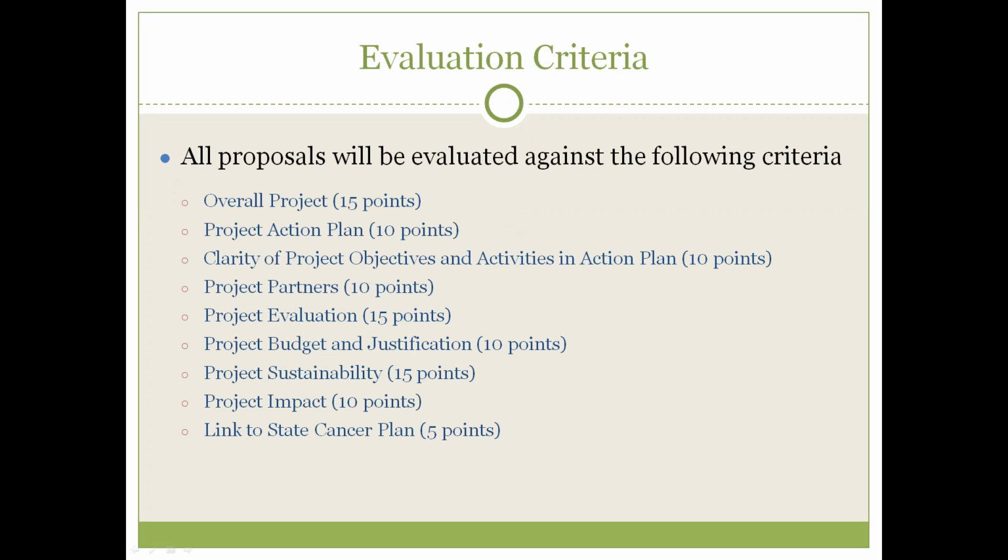Evaluation criteria. So this is how your proposed project application will be scored. They will be evaluated against the following criteria: your overall project, project action plan, clarity of project objectives and activities in the action plan, project partners, project evaluation, project budget and justification, project sustainability, project impact, and the link to the state cancer plan.